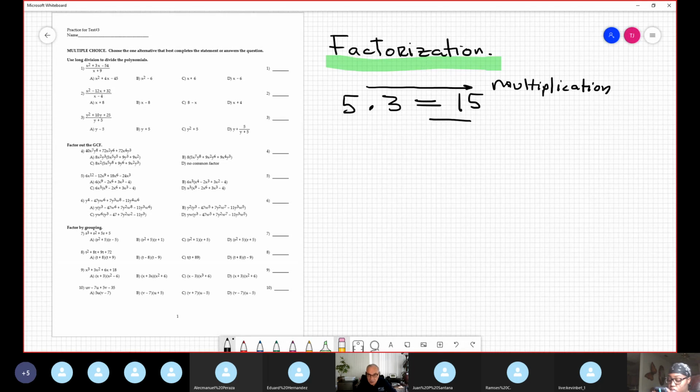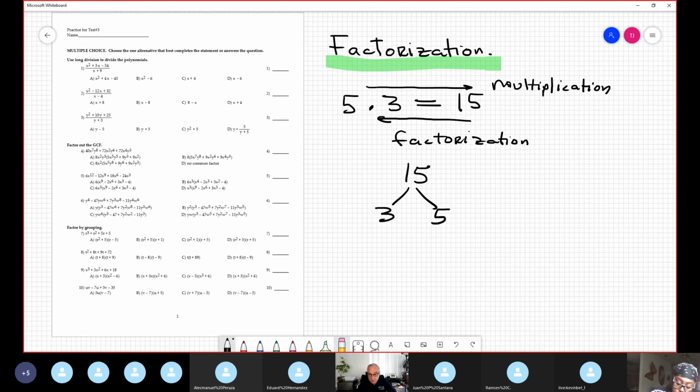But in the opposite direction, it's called factorization. In other words, you take one number or expression. I explain using a numerical example, but after we can see algebraic variables. It's a process in which you take 15 and break it down into prime factors.